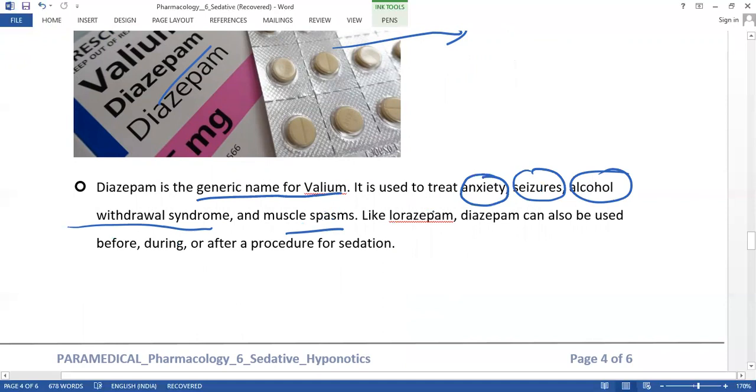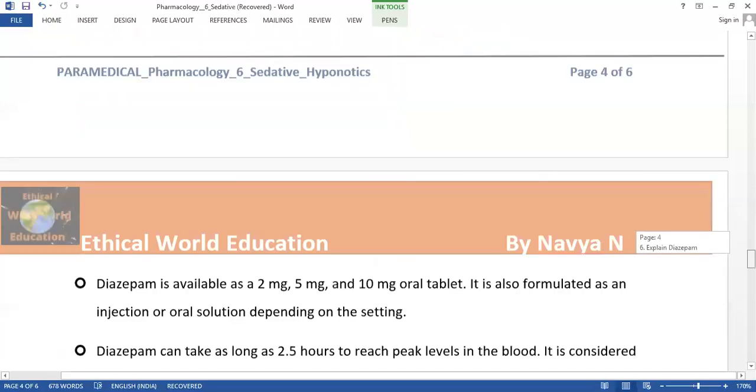Like lorazepam, diazepam can also be used as a pre-medication before going to surgery.